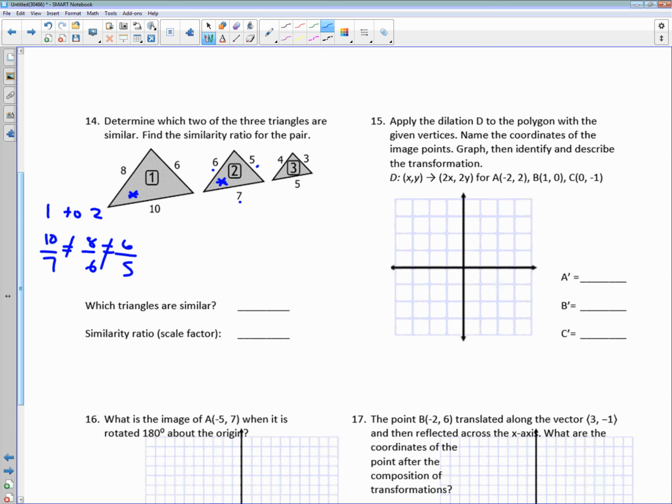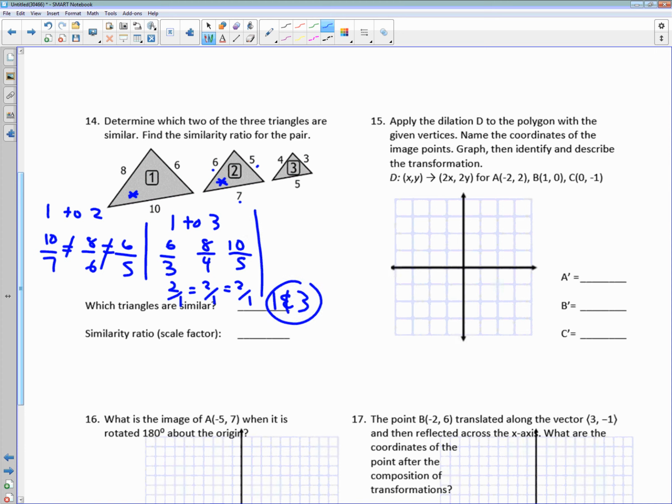Now I can do that same process. I can compare 1 to 3, so let's go small, medium, large for triangle 1, and then small, medium, large for triangle 3. Now we see that these are all going to reduce to 2 over 1, 2 over 1, and 2 over 1. So clearly 1 and 3 are similar because they're all in the same ratio.